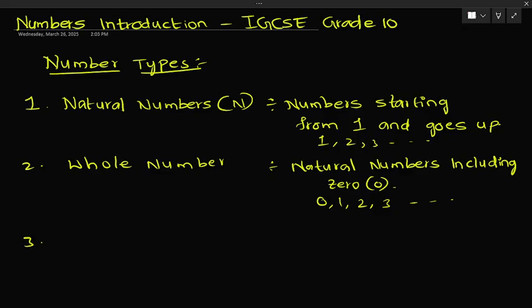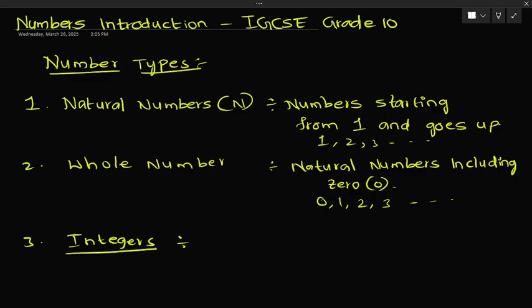The third one is integers. So what do you mean by integers? Integers are the numbers along with whole numbers.